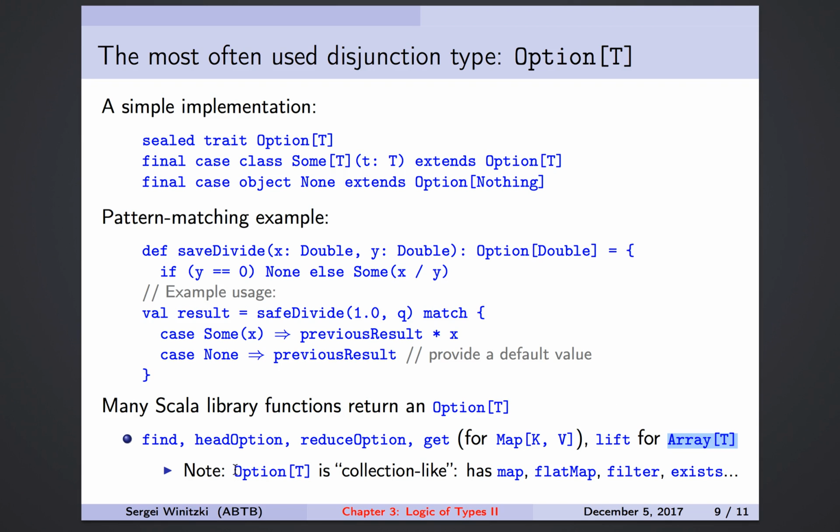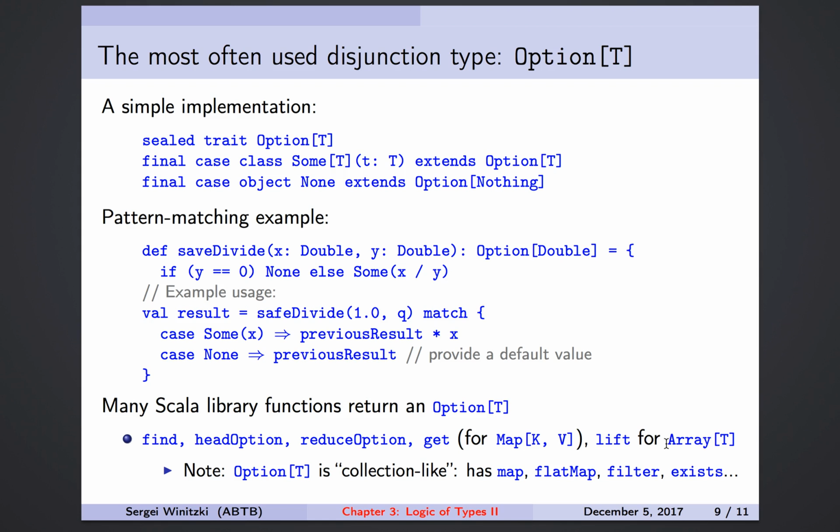Option is like a container that can only hold 0 or 1 values of this type T. It cannot hold 2. So it's like a very limited sequence, a sequence that can only be of length 0 or 1. Otherwise, it looks like a sequence. So it has a map function, flatMap, filter, and so on. So what, for example, is a map on an Option? I will show you when we go through the worked examples how that works.